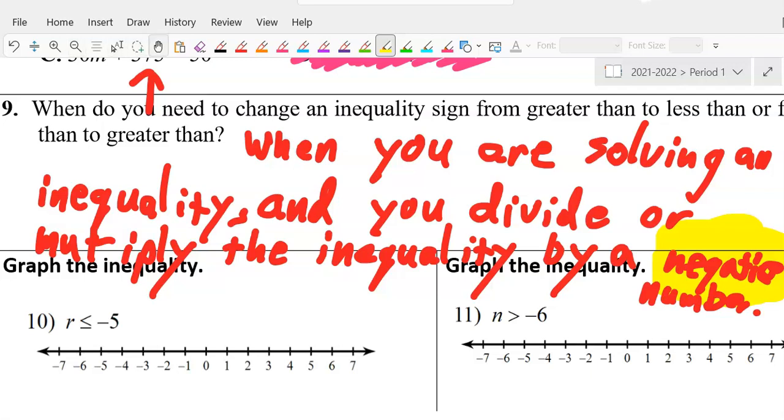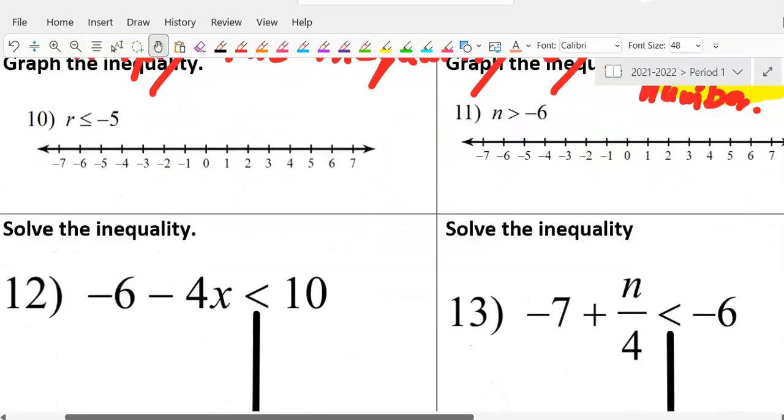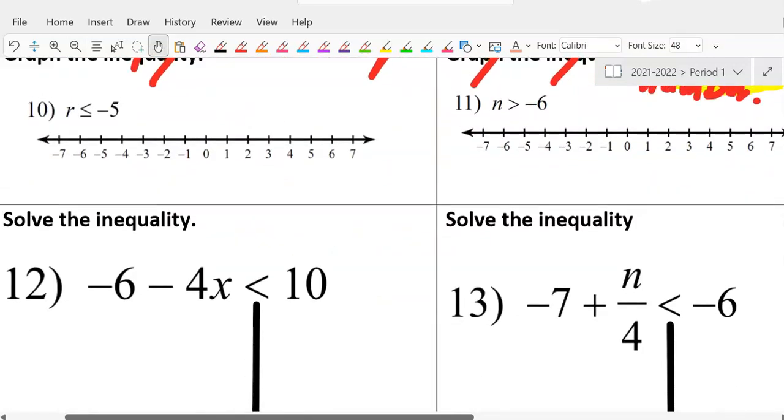Alright, graphing inequalities. Do you all want to pick a color? Purple. Okay. How do we do number 10? Graphing an inequality. You dot negative 5, right? It's at negative 5.